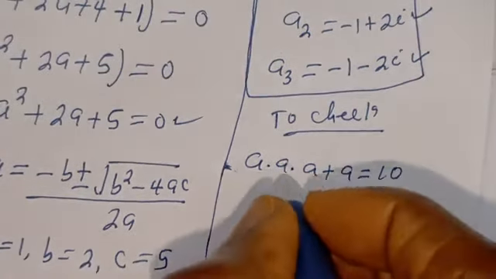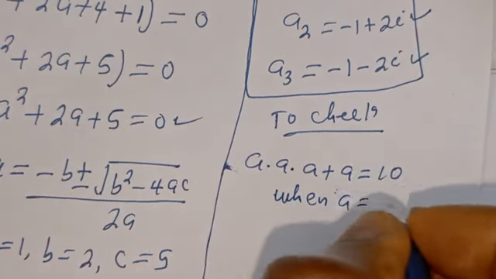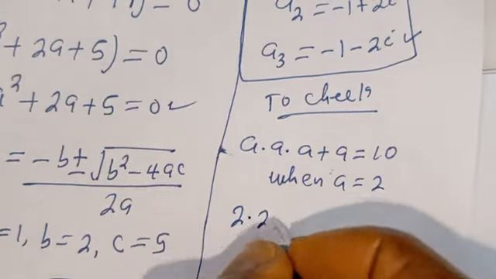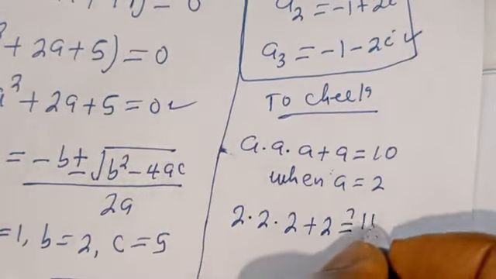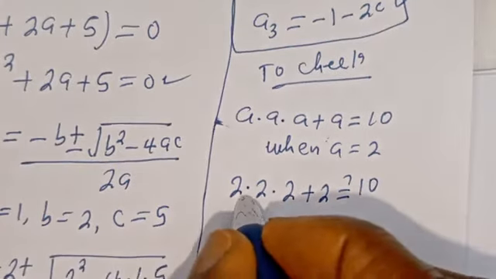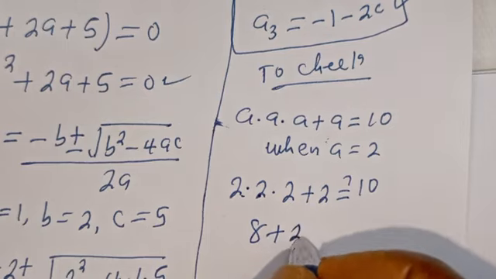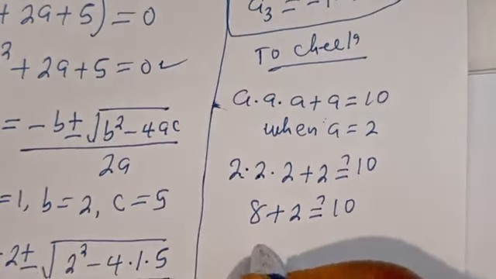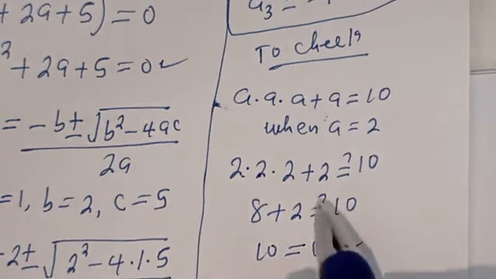So when a is 2, here we have 2 multiplied by 2 multiplied by 2 plus 2 must be equal to 10. And this is 2 times 2, 4 times 2, 8 plus 2 must be equal to 10. 8 plus 2, this is 10, is equal to 10, which is true at a equal to 2.